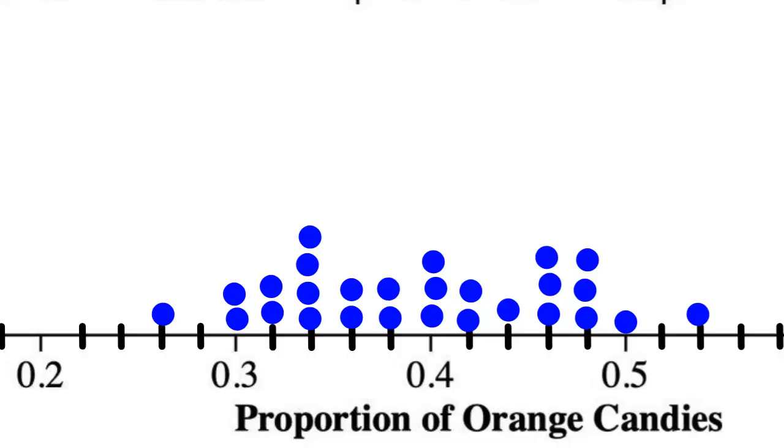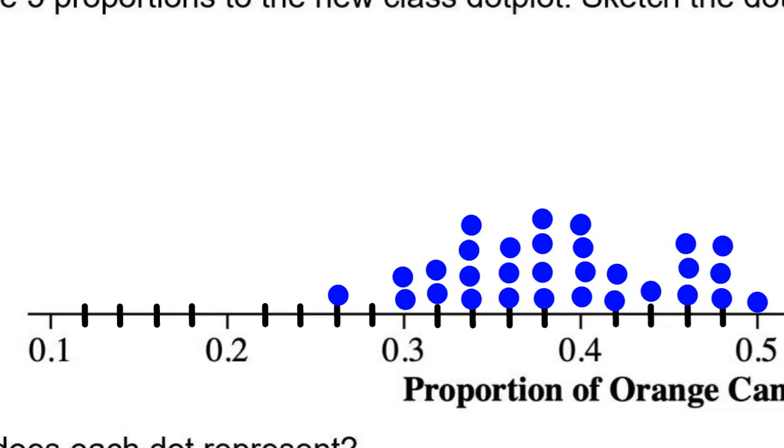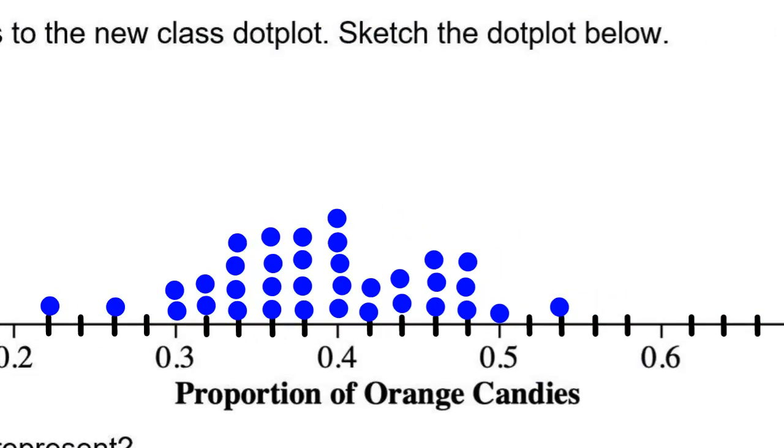0.38, 0.36, 0.38 again, 0.40. All right, you have 0.38, 0.22, 0.36, 0.4, 0.44, 0.56, 0.4, 0.32, 0.48.